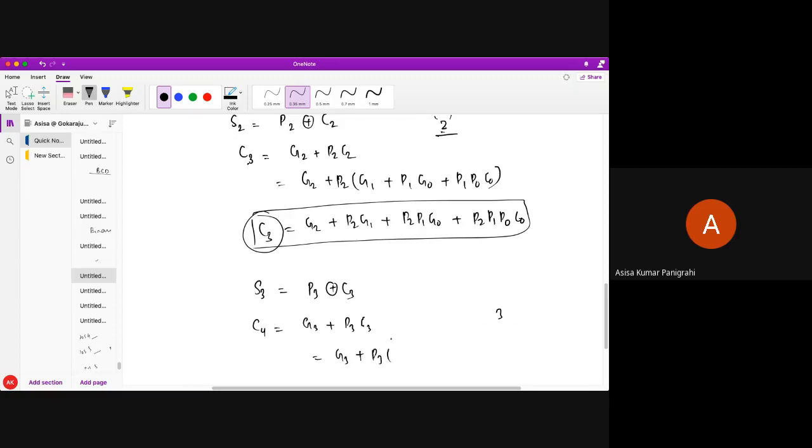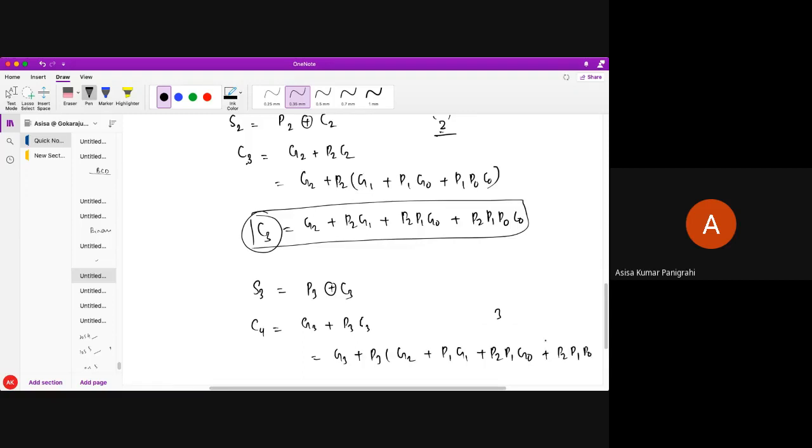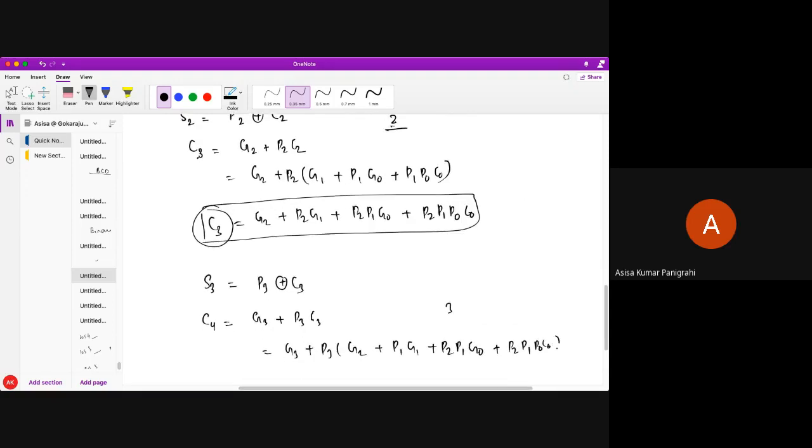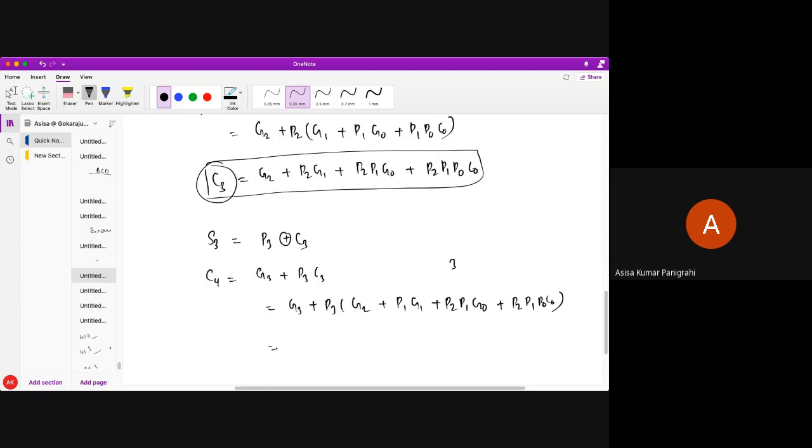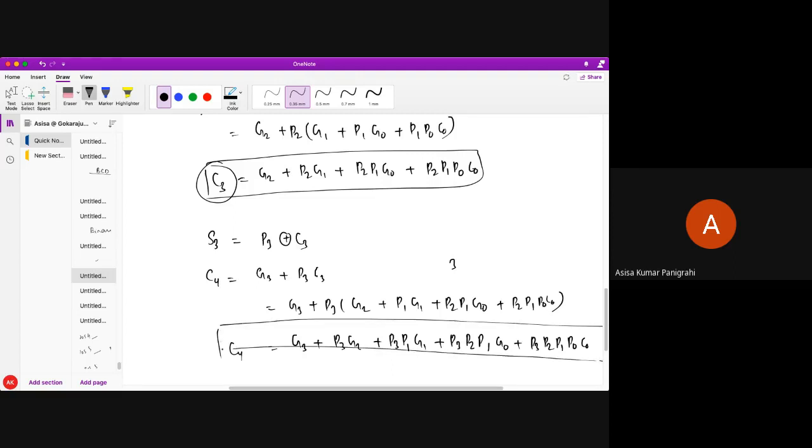I know what C3 is: G2 plus P2 G1 plus P2 P1 G0 plus P2 P1 P0 C0. And finally I have got here G3 plus P3 G2 plus P3 P2 G1 plus P3 P2 P1 G0 plus P3 P2 P1 P0 C0. So this is my C4. Carry is ready.